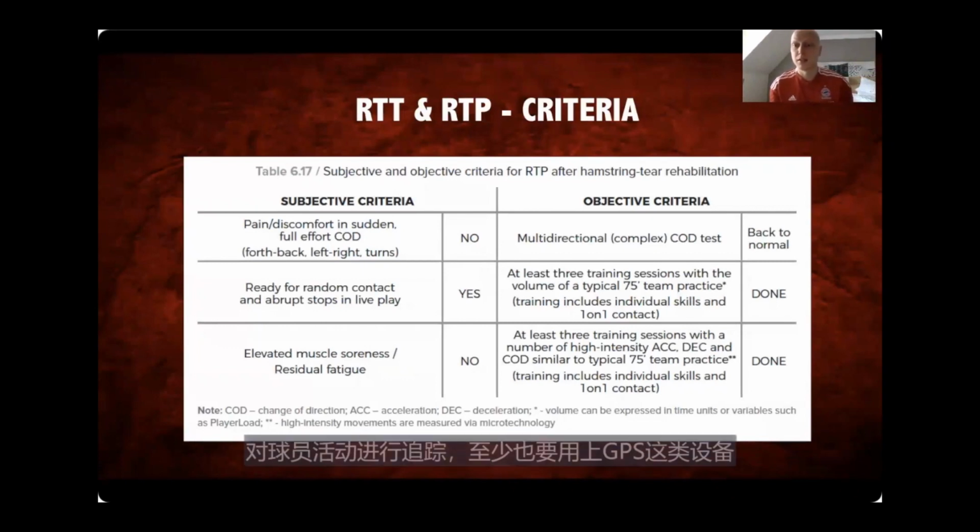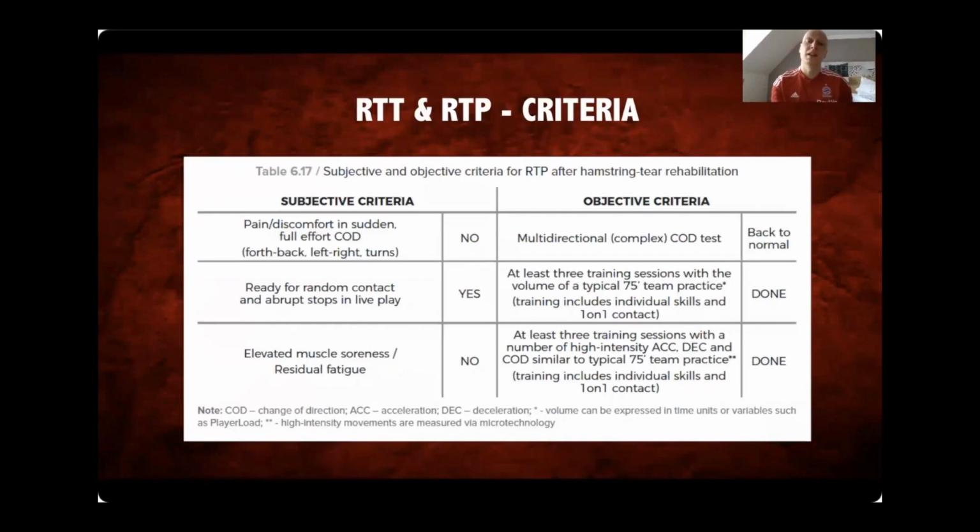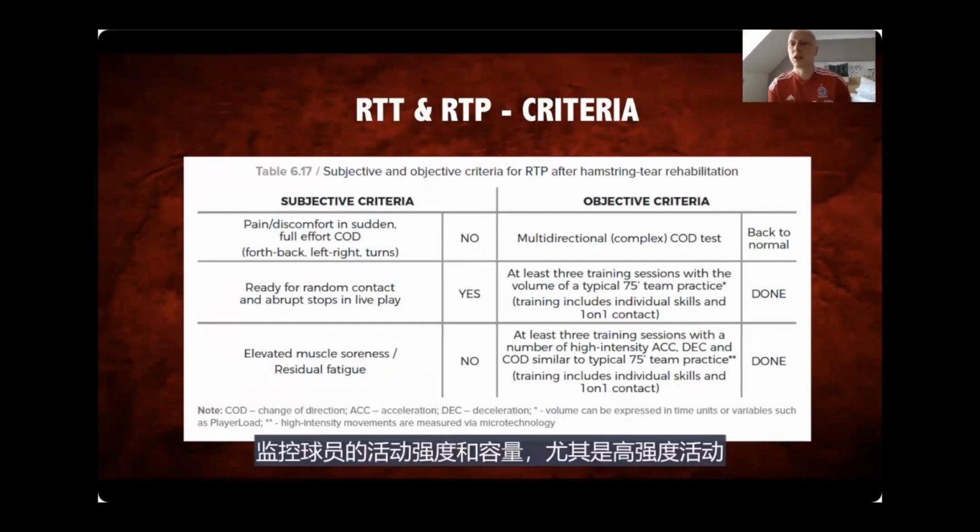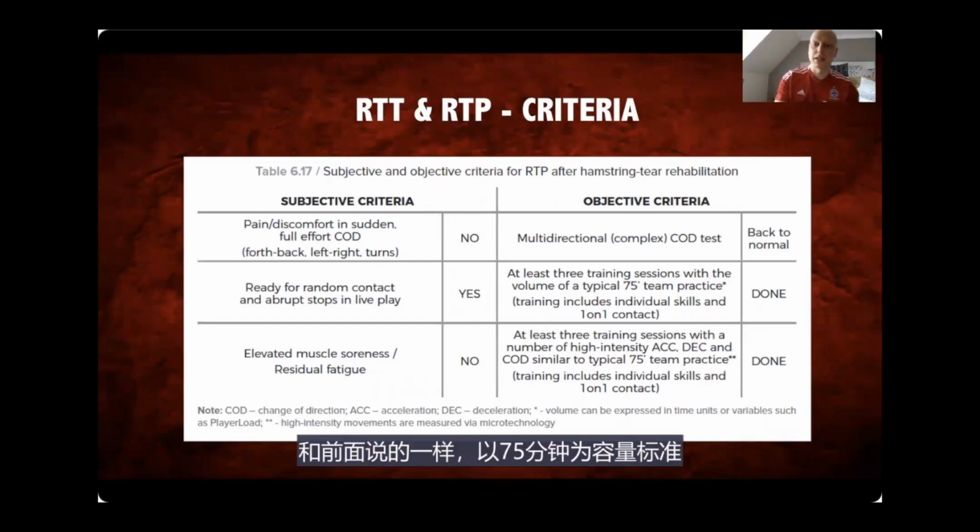And if possible, by using microtechnology to track all the movements in training, or at least to have some kind of GPS system or a local positioning system, we should track volume and the intensity of the activity, and then we should be very close to volume and the number of high intensity movements compared to 75 minutes team practice.